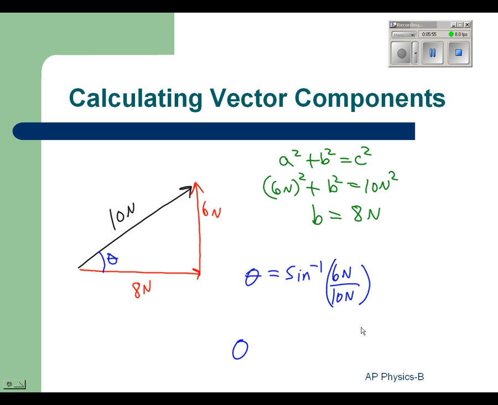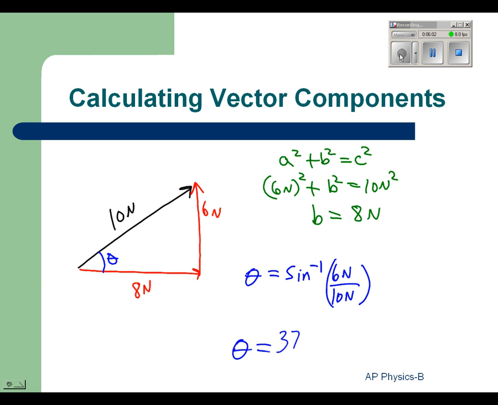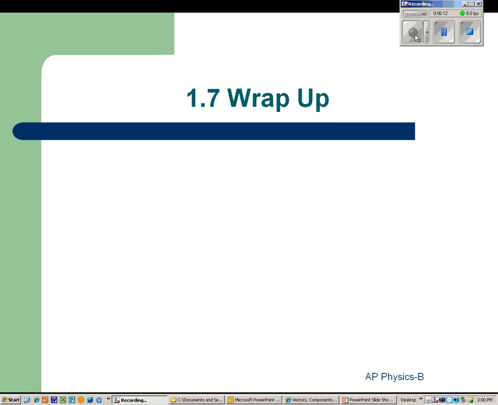And that angle ends up equaling 37 degrees. So our resultant here would be 10 newtons at an angle of 37 degrees. We broke it up into its x, y components of 6 newtons and 8 newtons.